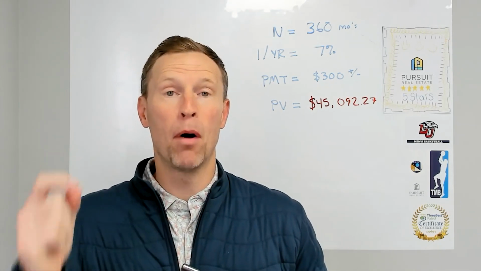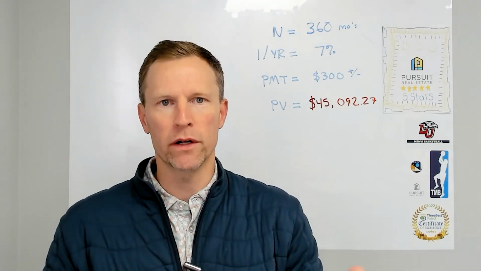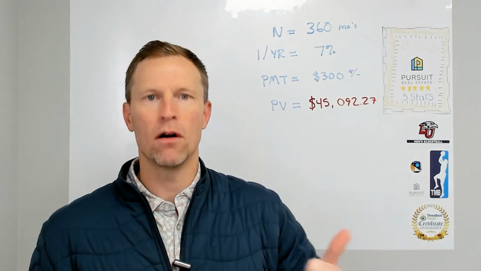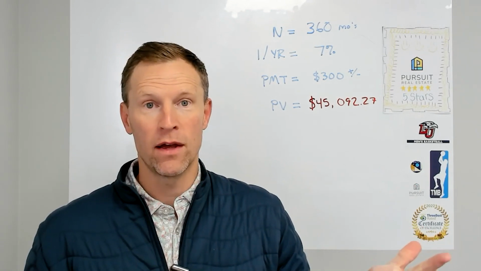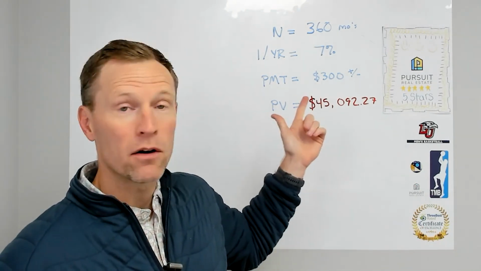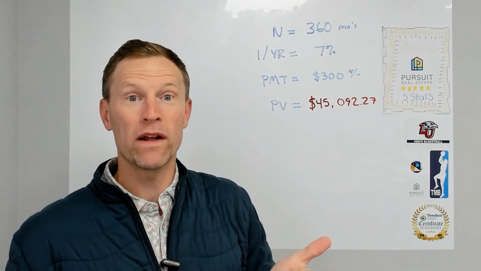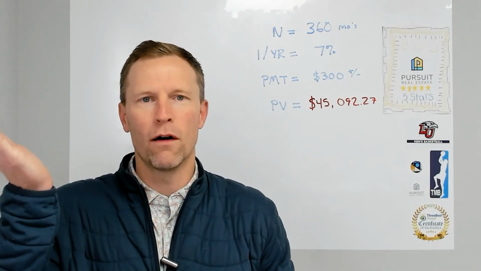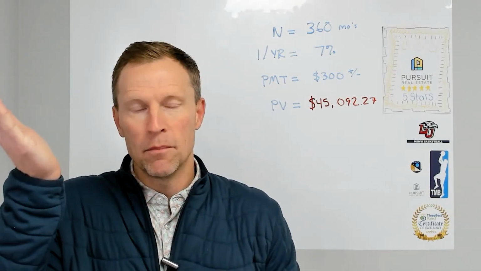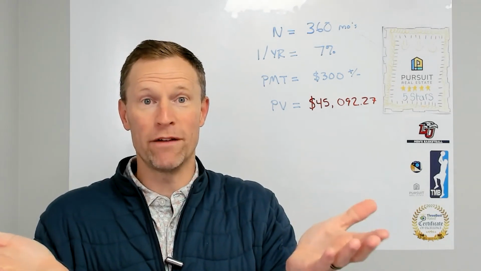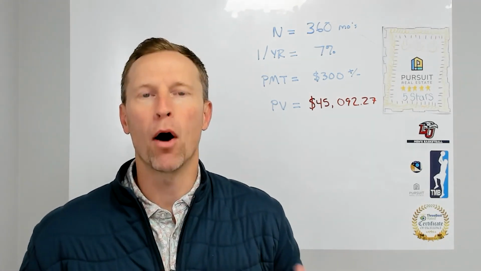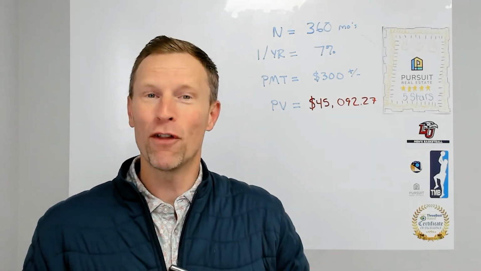If I'm going to get a mortgage at 7% over 30 years, and the $300 difference exists, I should be willing to pay $45,000 more for option B, because that gets it to even based on current borrowing standards. So hopefully that makes sense.